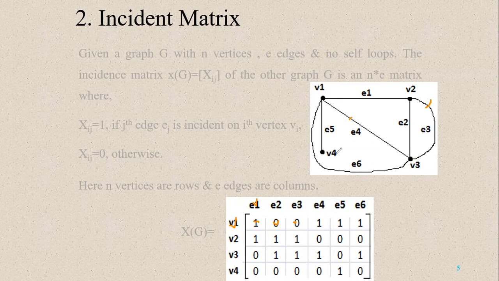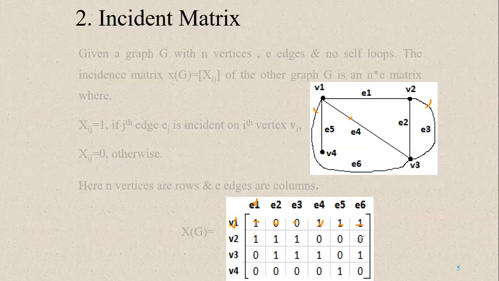Therefore, the value is 1. Next, V1, E5. This edge E5 is incident with the vertex V1. Therefore, the value is 1. Next, V1, E6. This edge E6 is directly incident with V1. Therefore, the value is 1.